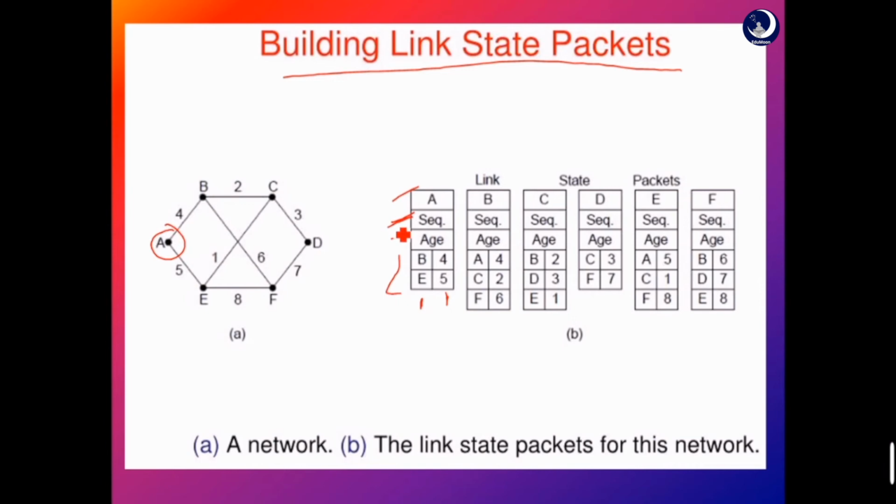Next consists of the immediate routers. The immediate routers of A are B and D, so it's mentioned. And next is the cost. The cost is 4 and 5, so 4 and 5 is written in the table. Similarly, for all the nodes, this routing table is maintained.